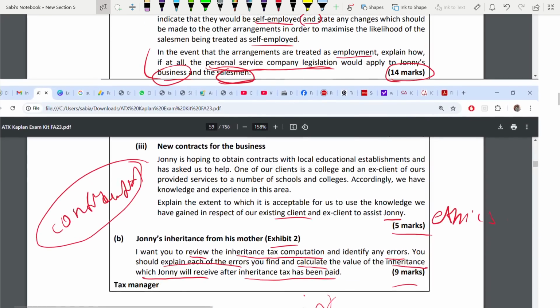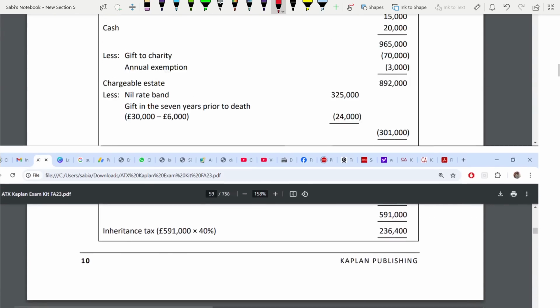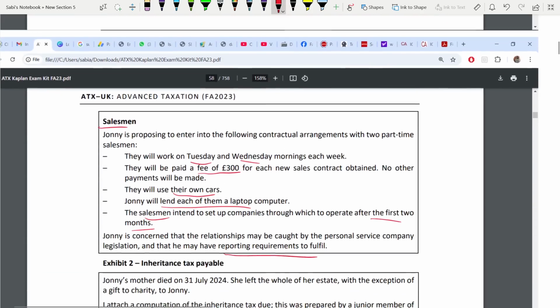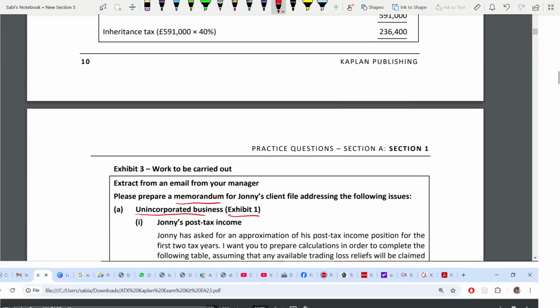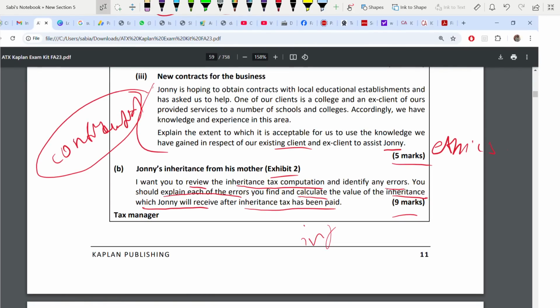Okay. So now, just okay. Nothing in exhibit 1. You can just go to the requirement and read the new contract.